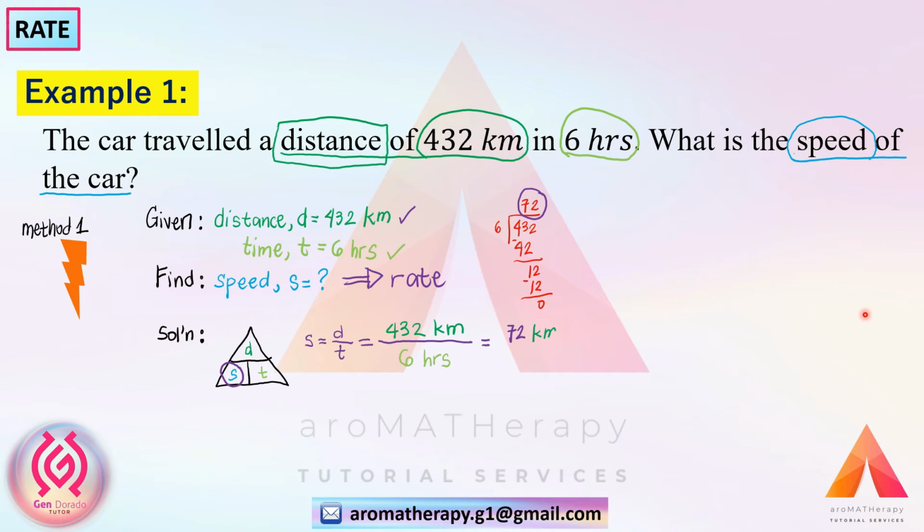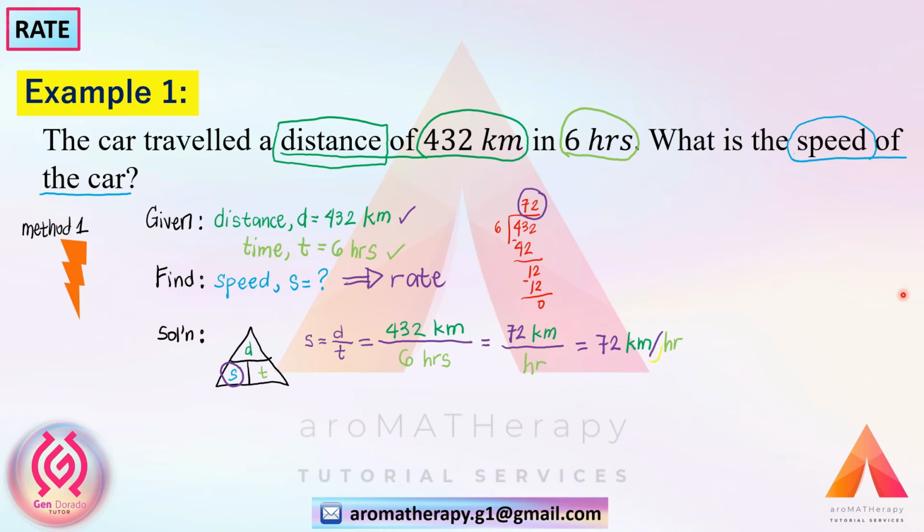Copy si kilometer and i-copy din si hours. But this time, tanggalin na natin tong S na to. Okay? We can also write it in another way. 72 kilometer slash hour.